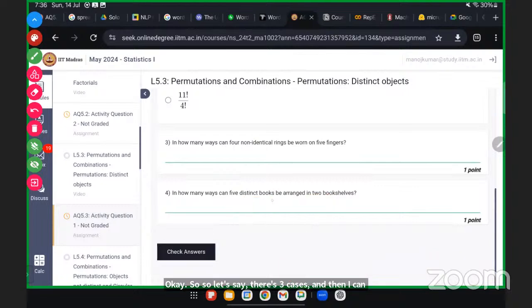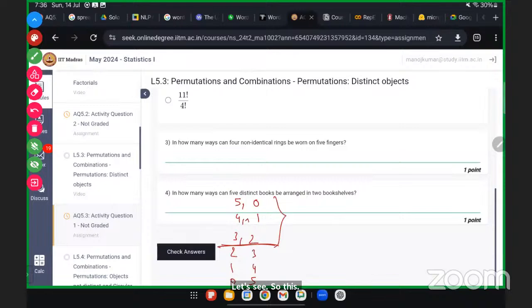So 5, 0; 4, 1; 3, 2. Then I can multiply it by 2.